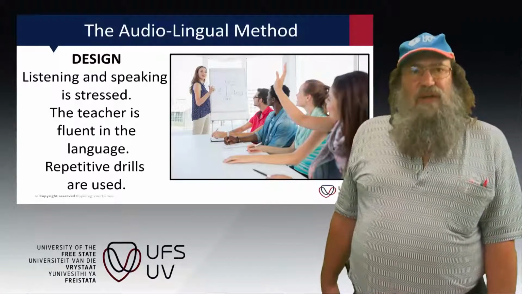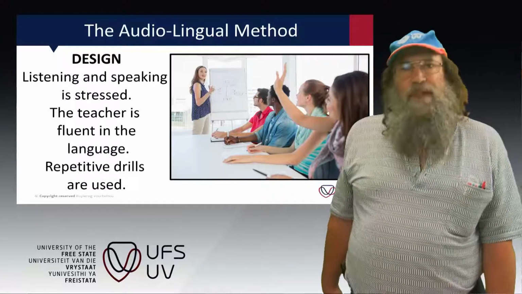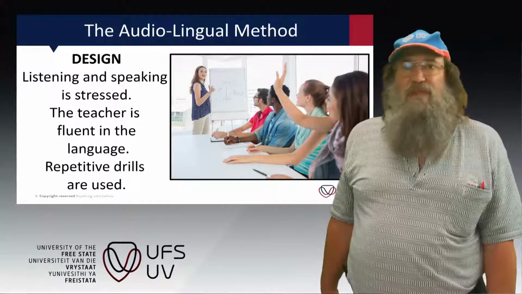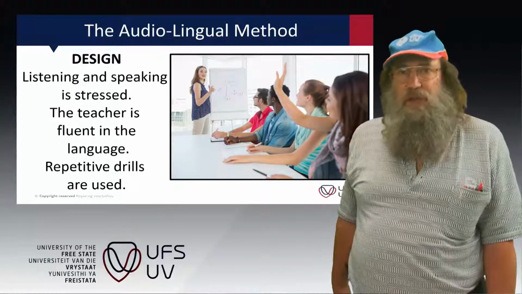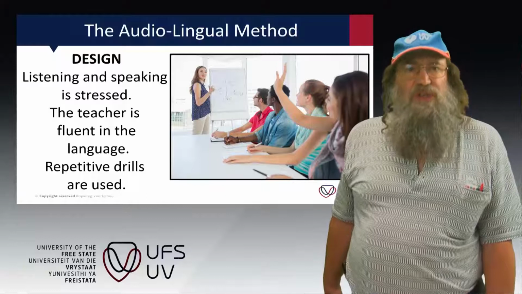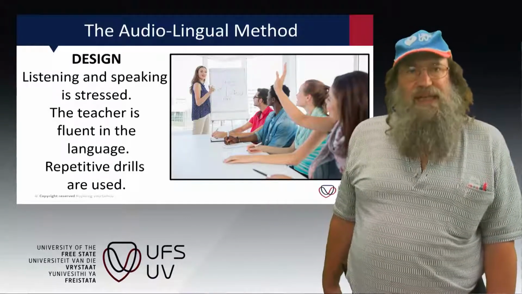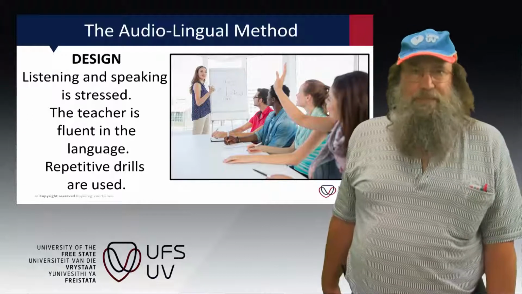So its design obviously stresses listening and speaking in the classroom. The teacher, who must be a fluent speaker of the language, must provide multiple examples of its use and must actively drill learners towards the desired levels of fluency.